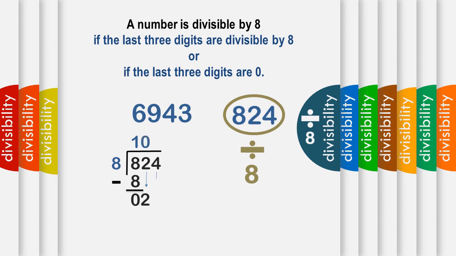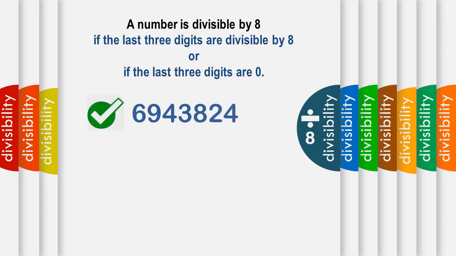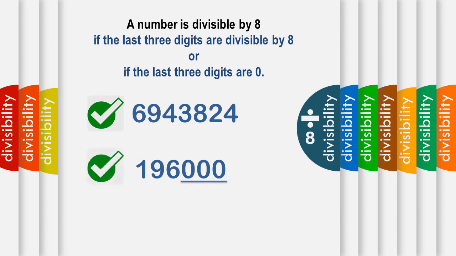If we divide 824 by 8, the quotient is equal to 103 and the remainder is equal to 0. Hence, 69,43,824 is also divisible by 8. Look at another number. 1,96,000 is divisible by 8? Yes, because the last 3 digits are 0.